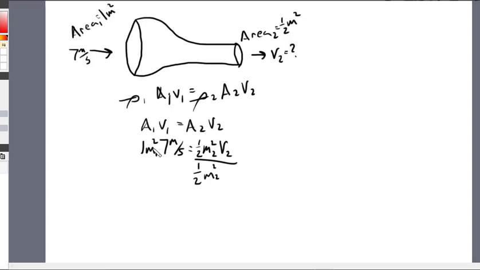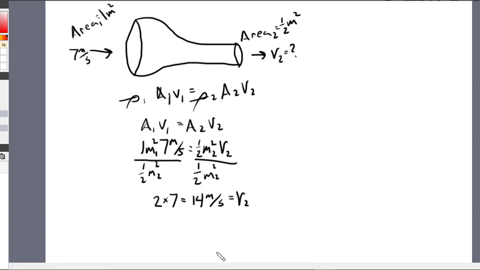So now both sides, this actually turns into 2 times 7, 14 meters per second is equal to V2.